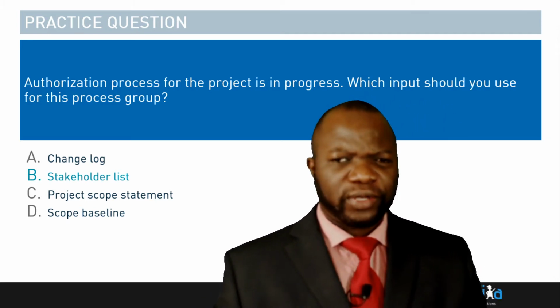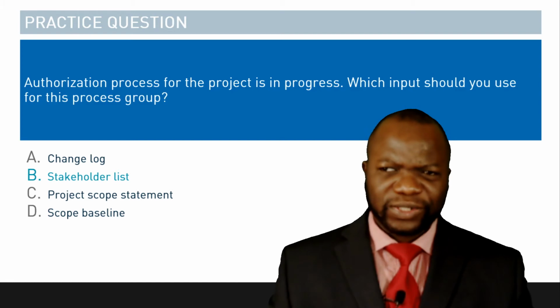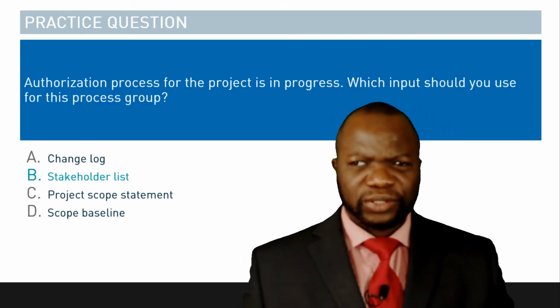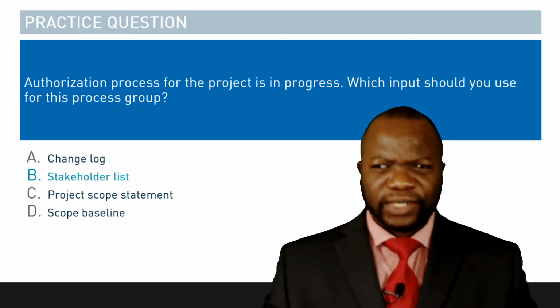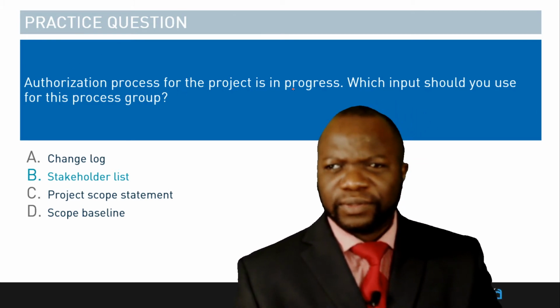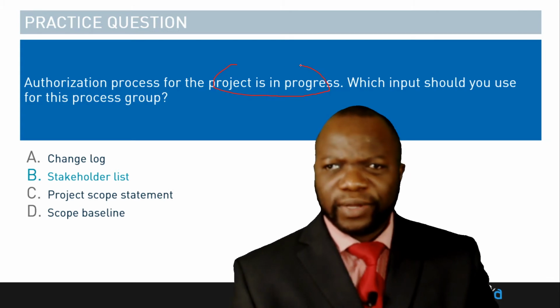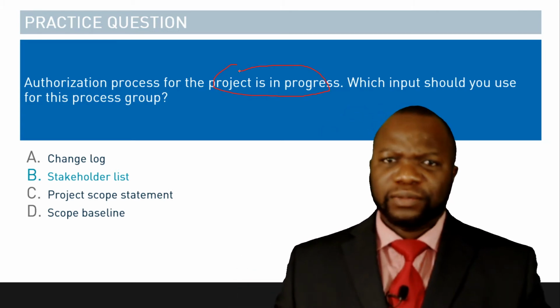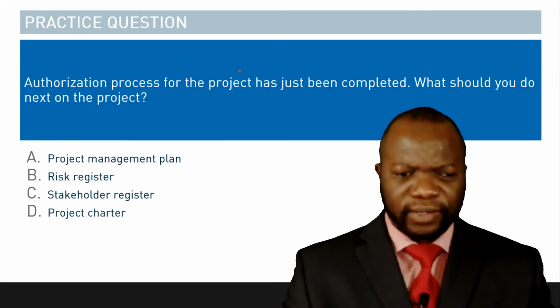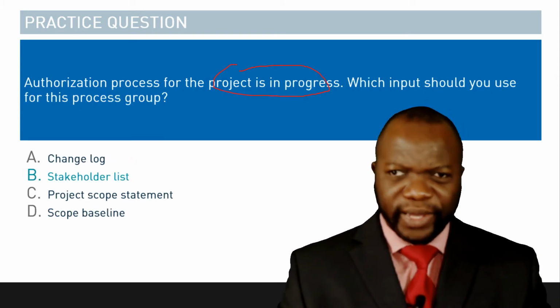Well, from this one, you can see the answer is stakeholder list. Why is that? Again, if you use the process of elimination, the authorization process for the project is in progress. What are they talking about here? They're talking about, again, develop project charter. Let's go back.